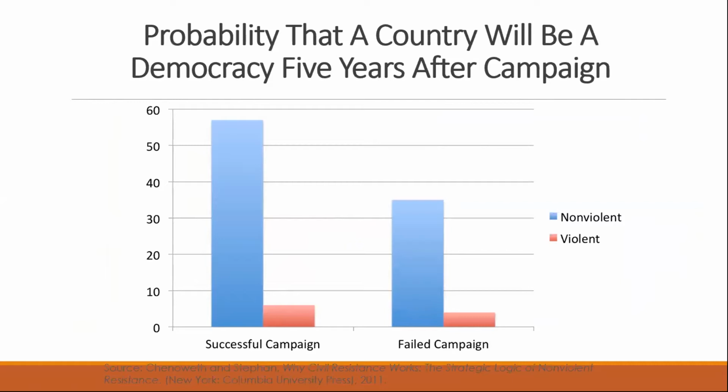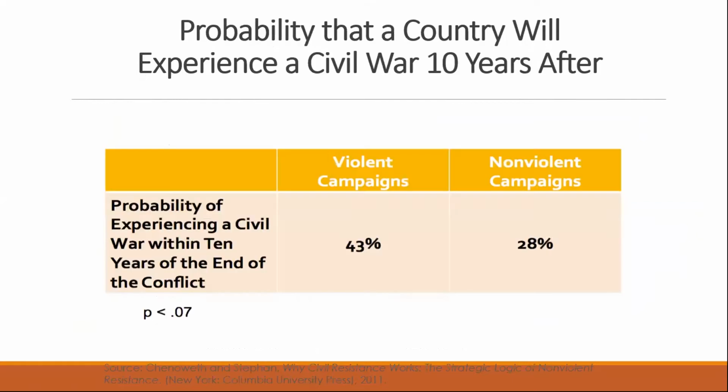An interesting thing is failed campaigns are still more likely to achieve a democracy 5 years after the campaign, because even if the campaign fails, in the process of trying to win it, people are learning many lessons, they're building coalitions, and they're learning how to work together and trust each other and build participation.